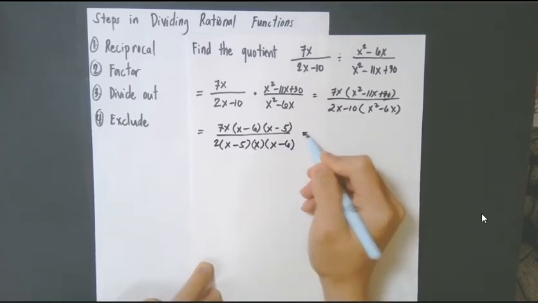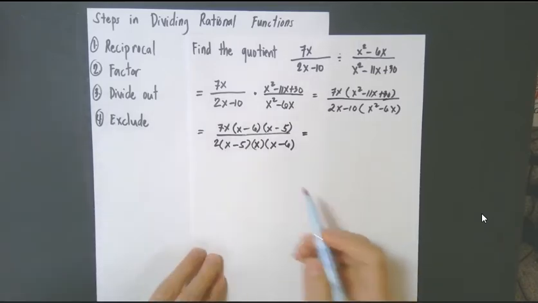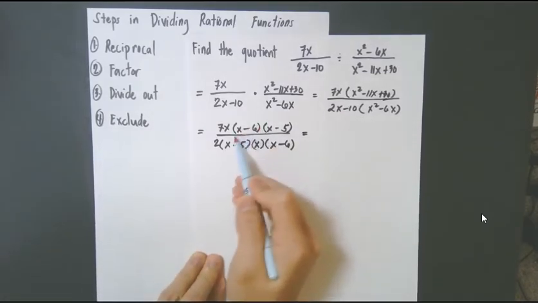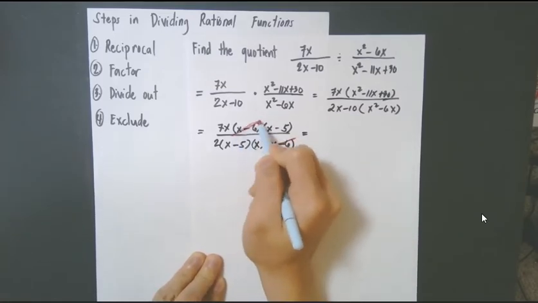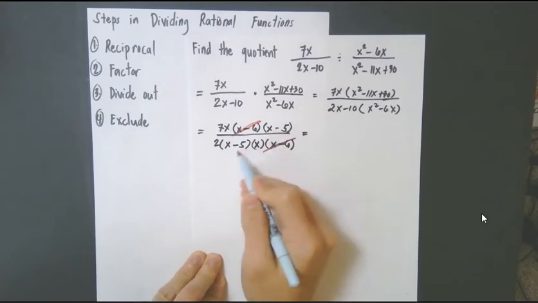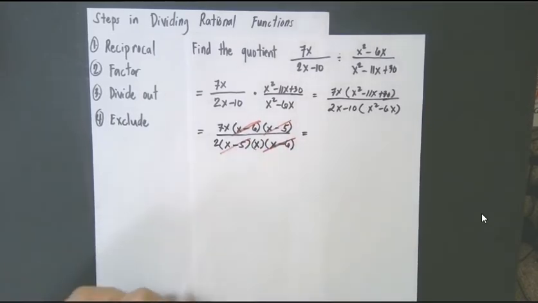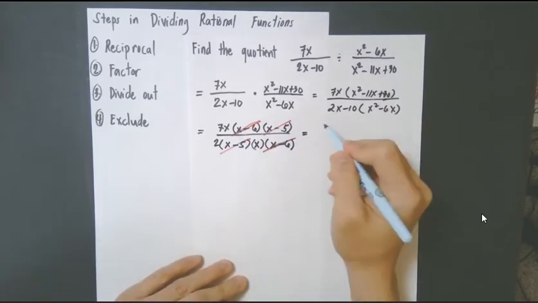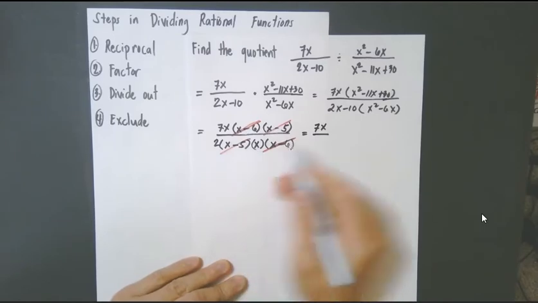So from here, we can cancel out common factors. So we can cancel out here x minus 6. So we have here x minus 6, x minus 6. We have here x minus 5, x minus 5. Now we are left with 7x over 2 times x, so that's 2x.